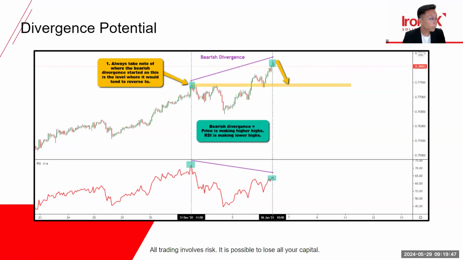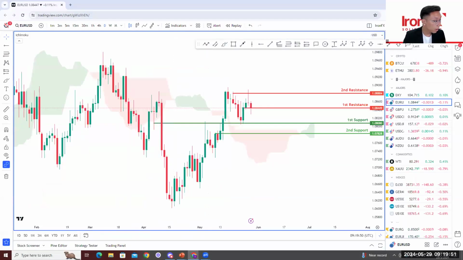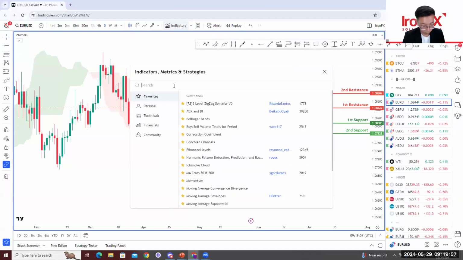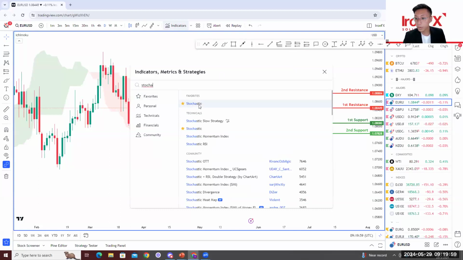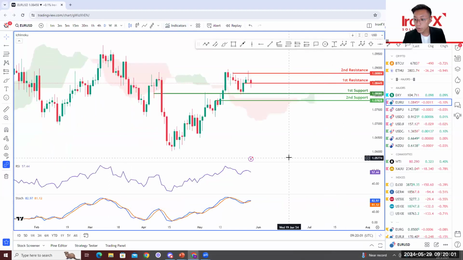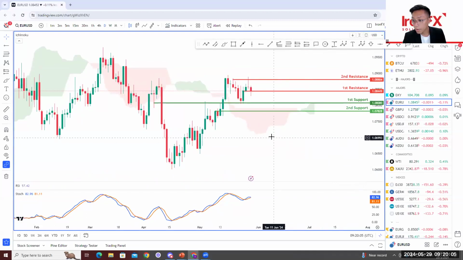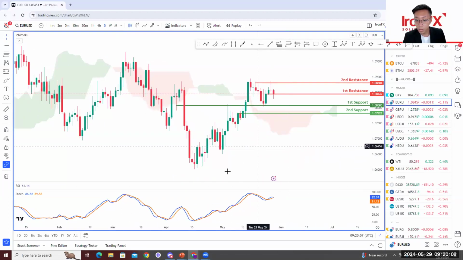Okay, so we have a question: what is the parameter of the stochastic? Let me hide the RSI. Let's focus on the stochastic.